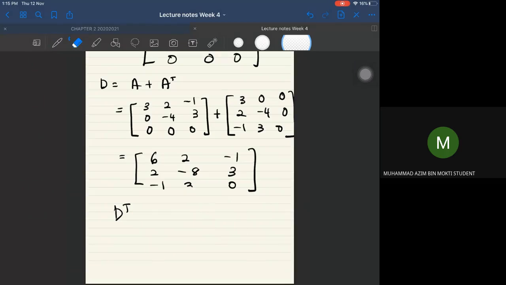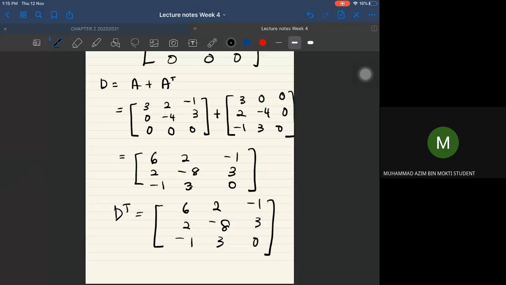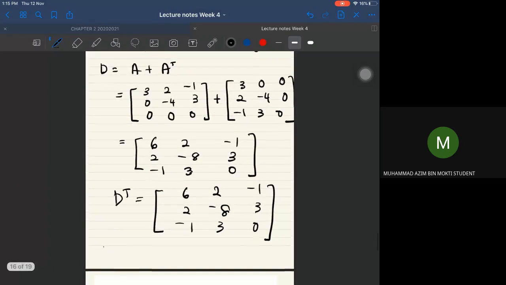So let me finish up this one. 1, 3, 0. So D transpose is equals to 6, 2, negative 1, 2, negative 8, 3, negative 1, 3, 0. So as you can see, D is equals to D transpose. So therefore, D is symmetric matrix.